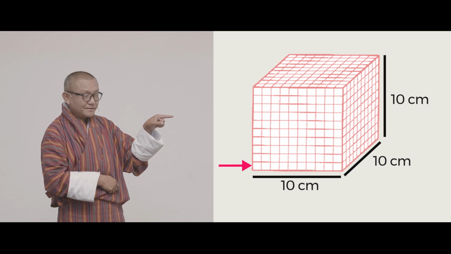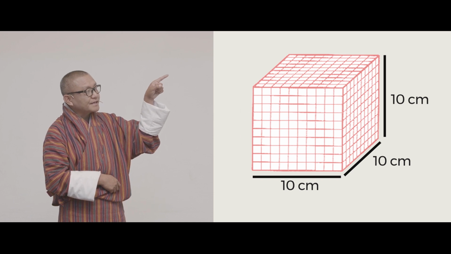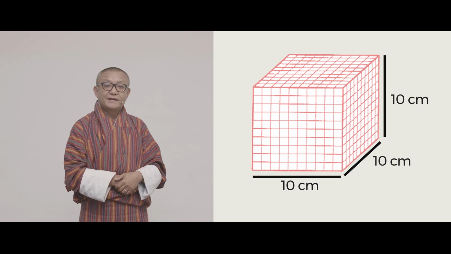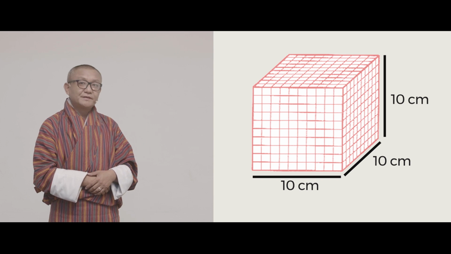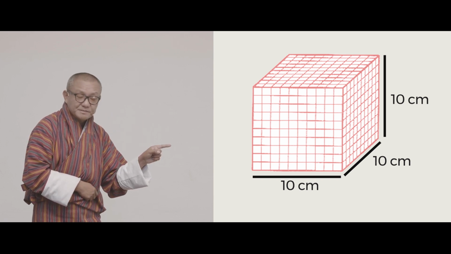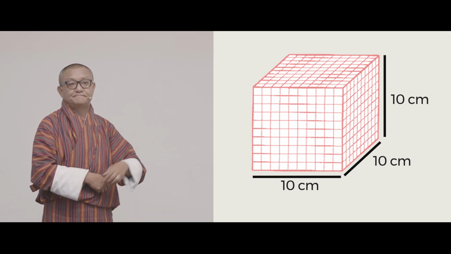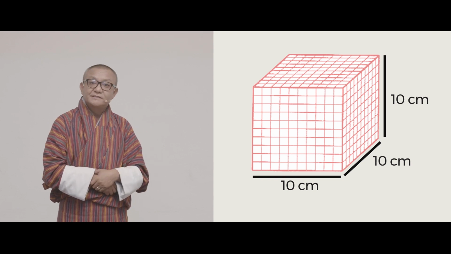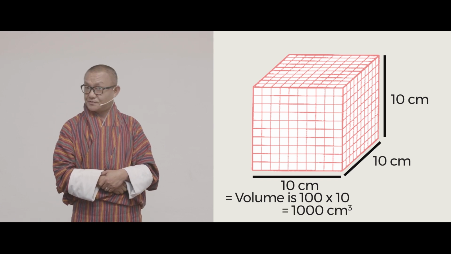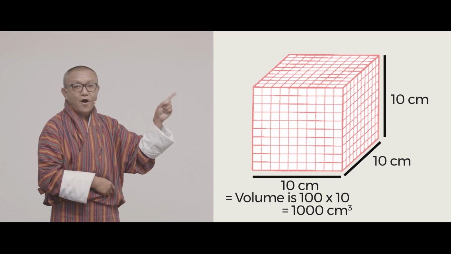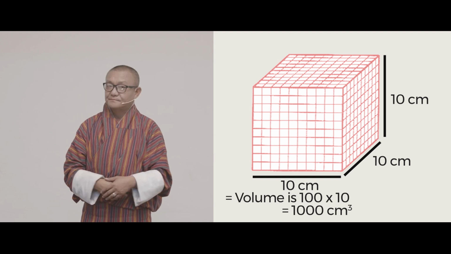So there are 1, 2, 3, 4, 5, 6, 7, 8, 9, 10. So there are 10 layers, which means we have already found out the number of cubes at the base. Since there are 10 layers in this structure, there will be 100 times 10, which will give you 1000 centimeter cubes. So the volume of this structure is 1000 centimeter cube.